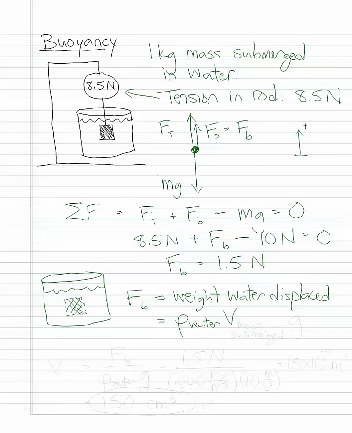Okay, so that means it's the density of water times the volume of the mass times g. And so that means that the volume of the thing that's submerged is the buoyant force divided by the density of water and g.